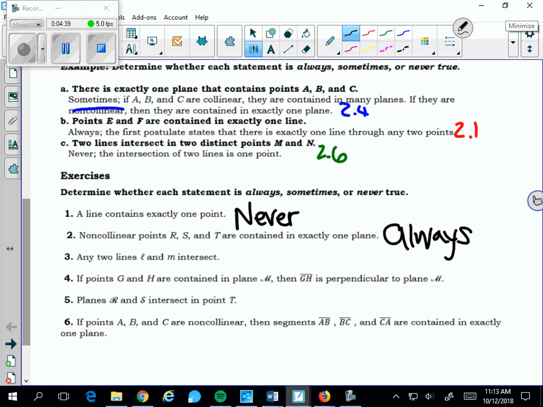We know just from our work in this class and other classes that there are certain types of lines that don't intersect. Think about parallel lines. Oops, that doesn't look very parallel. If I put that on there, it is. Parallel lines, the definition of them is they never intersect. But there are other lines that are going to intersect. So that's one of the cases that I'm going to say, okay, that's sometimes true.